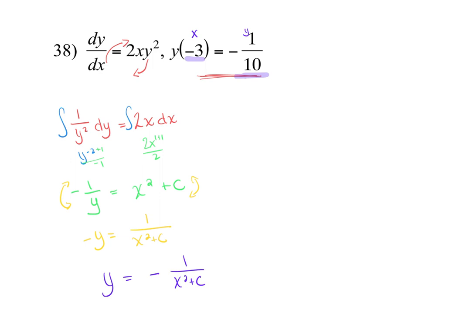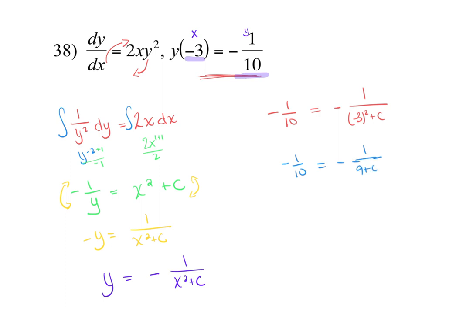And I'm going to rewrite my general solution. Y, well, y is negative 1 over 10 equals negative 1 over x squared, well, that's negative 3 squared plus c. All right, so negative 1 over 10 equals negative 1 over 9 plus c.